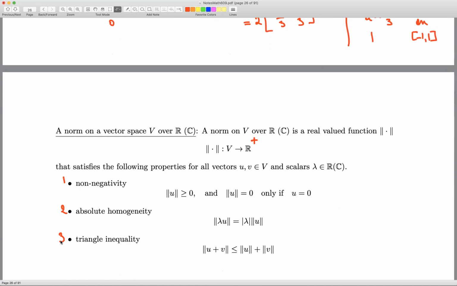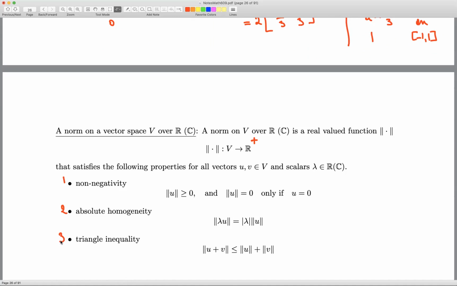The first condition is that when you apply this function to any element of the space, you end up with a number that is bigger than or equal to 0. And you end up with 0 only if the element that you apply it to from the vector space is the zero element.